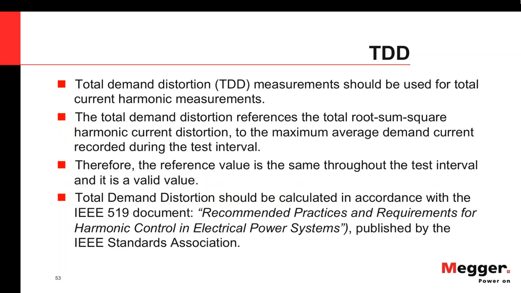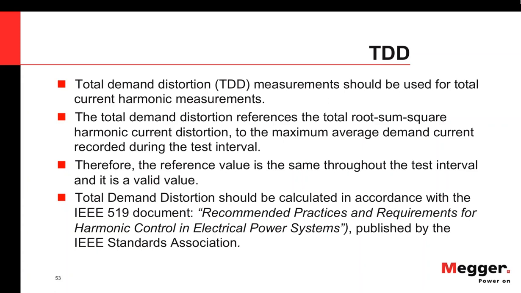However, if the fundamental current being drawn by the load drops to, say, 200 milliamps, the THD will equal 100%. So you'll look at this THD value and think, oh, I have a problem here. But in reality, you don't have a problem because there's no current being drawn.